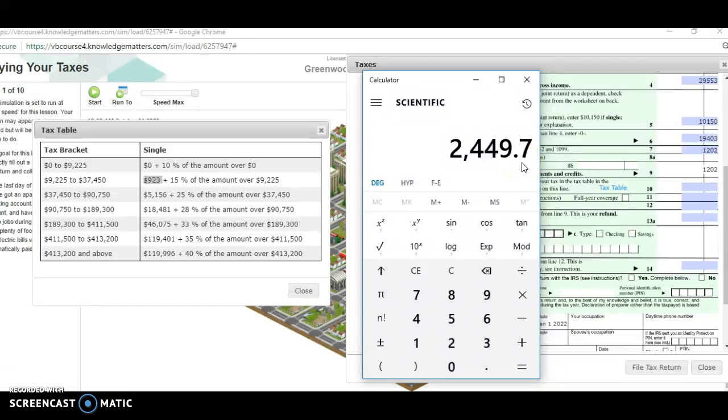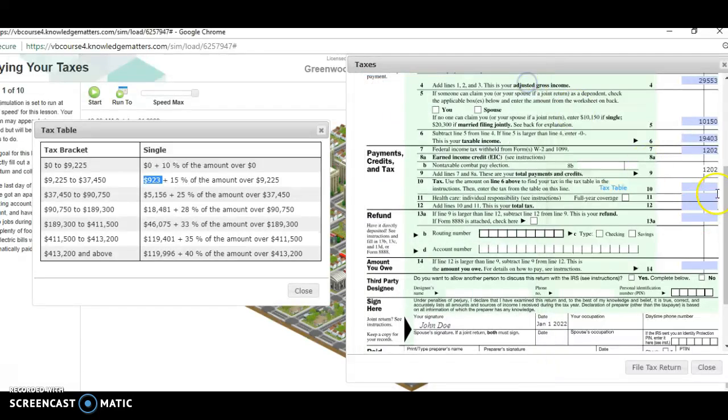We're going to round this up to $2,450. There we go. And you can do this. You're going to find where you fall into any bracket with any amount here. Just subtract the last bracket, and then you're going to add that amount back in once you multiply by the percentage over the last bracket.